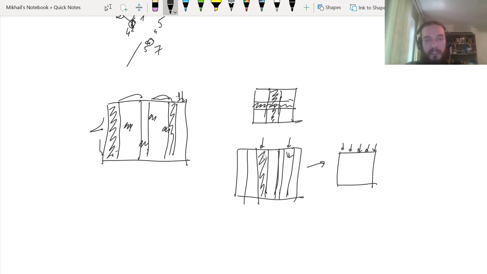So the remaining cells, after cutting out these rows, cannot be touched by any operations, and so they must be the same as the original board. And we know what it is.